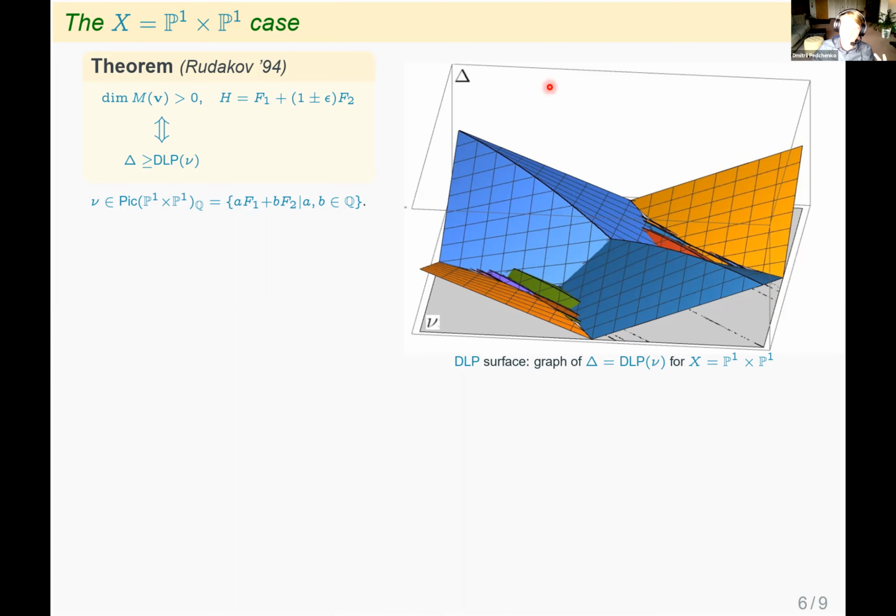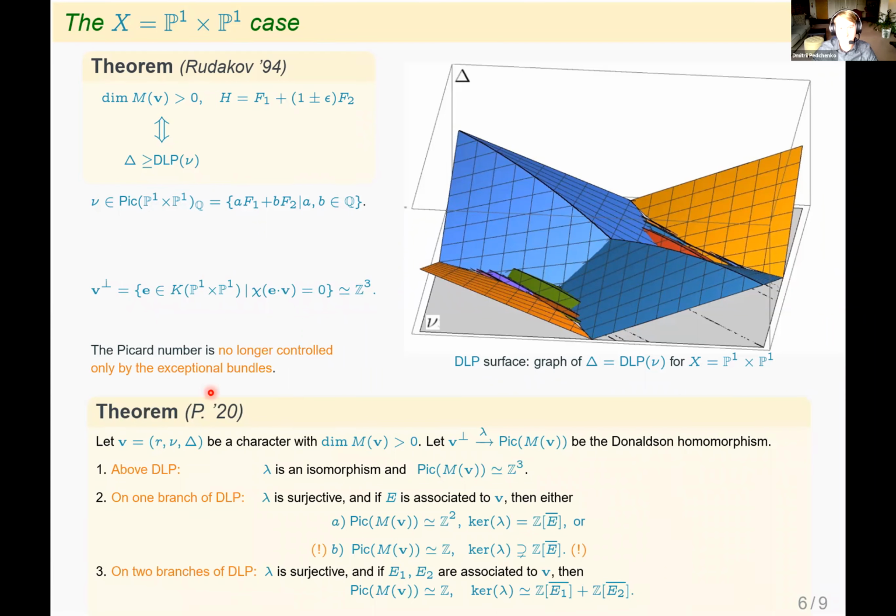So no associated bundles above, one associated bundle on one branch, and two associated bundles on two branches. And the central result we obtain is that actually this is not the case. So the classification for the Picard group is not entirely controlled by the associated exceptional bundles or by the position with regards to the DLP surface.